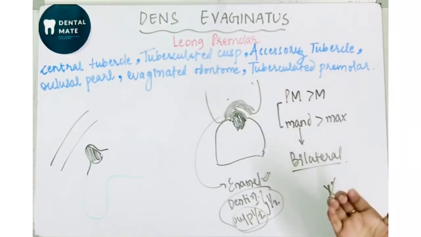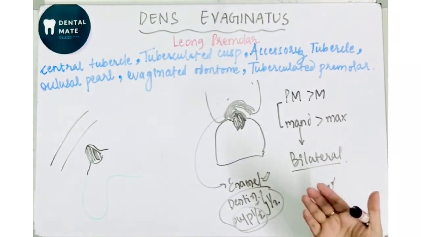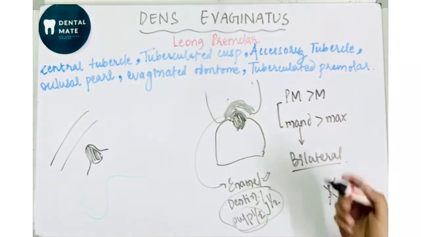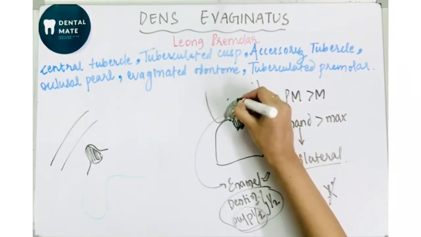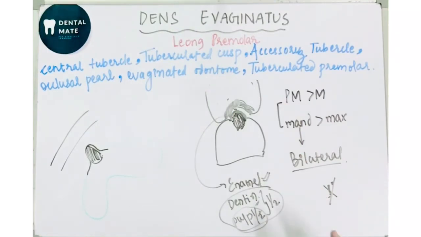Okay, a depression develops in the occlusal surface of the opposing teeth with a central blackish discoloration. So this is the problem that dens invaginatus is causing.